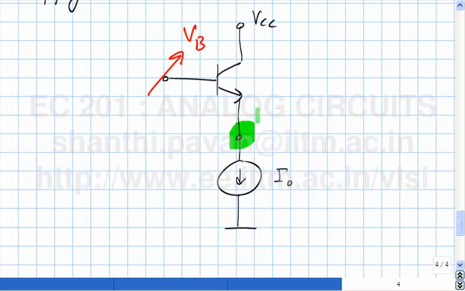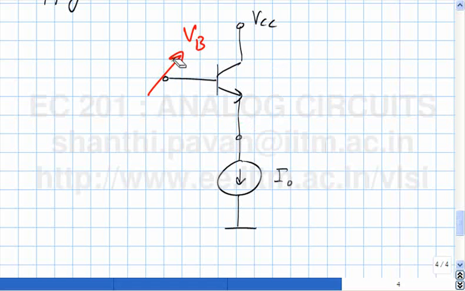If the node potential here increases, what does that mean? It means that the collector current is too much, which means the base voltage is too high, which means I must reduce VB.